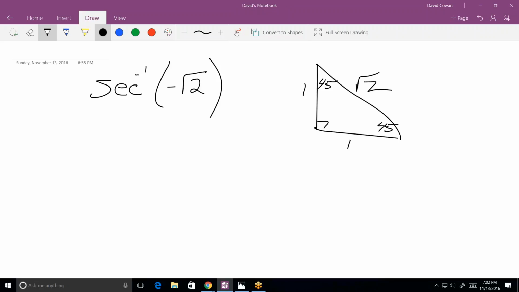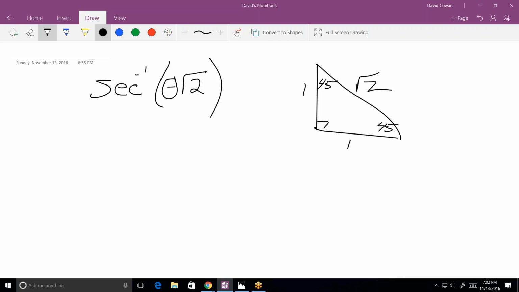Well, what's the consequence of the negative? Which quadrant does that put it in? Oh, it's in quadrant 2. Correct, because secant is the reciprocal of cosine, and we're talking positive and negative arguments of cosine or secant.